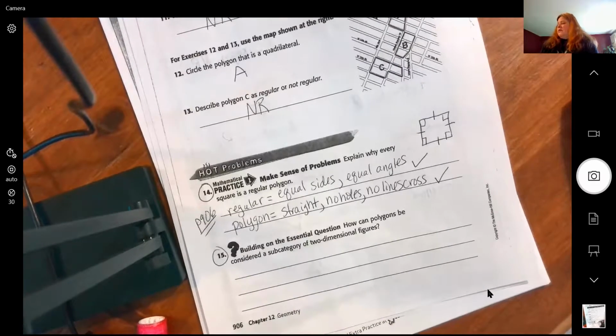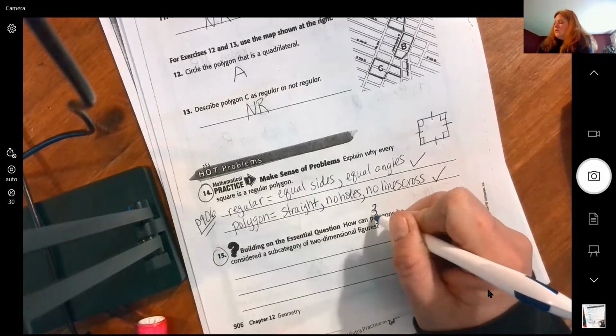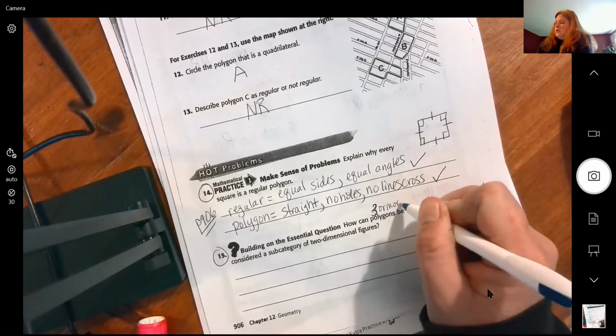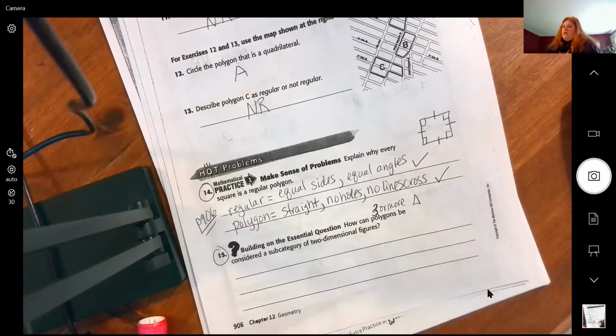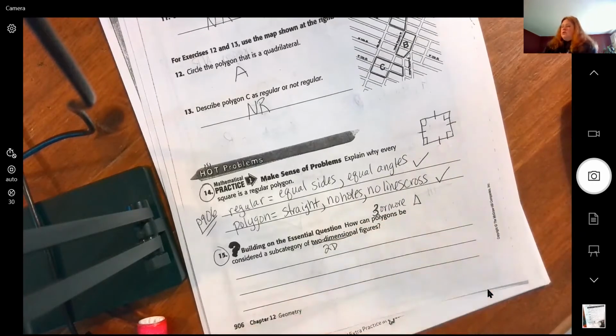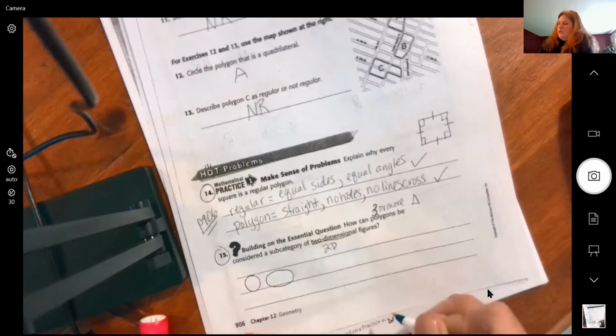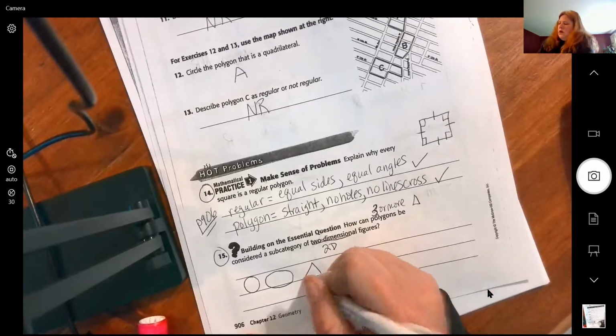How can polygons be considered a subcategory of two-dimensional figures? And we said polygons have two or three or more straight sides. So our first polygon we've learned is a triangle. Can you think of a flat or 2D image that does not have straight sides? Sure. A circle, an oval, a cone.